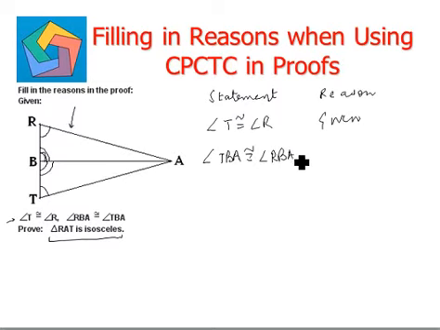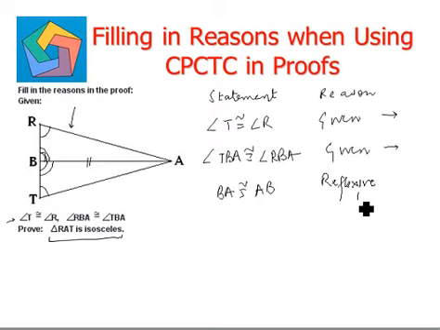Again, that is given to us. Now we're given two statements, so we have to find out the third. So we say BA is congruent to AB because of the reflexive property. This is the reason for that.